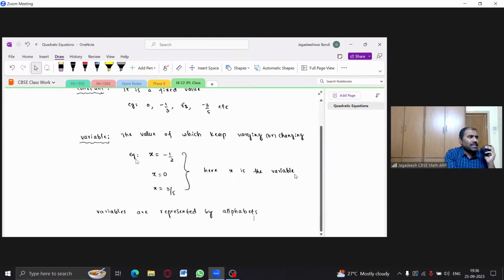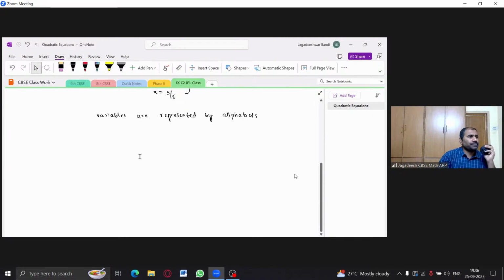Fine. Next, we need to talk about a term. How is a term obtained or generated? We have discussed what a constant is and what a variable is. If a variable and a constant are grouped or combined with the help of multiplication or division, terms are obtained.